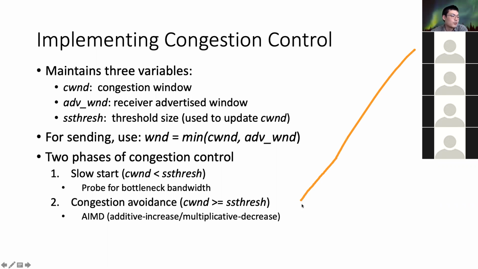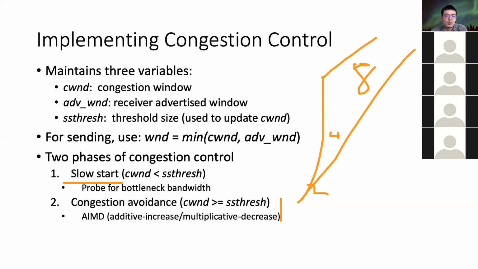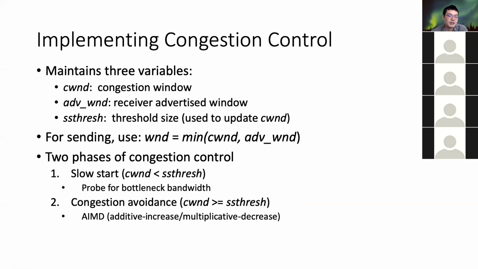What you want is an exponential increase. Although it's called slow start, it's really faster. But once you go beyond a certain point, you start to slowly probe. Initially, if you are 1, then 2, 4, 8, you can increase quickly. You don't want to increase 1, 2, 3, 4, 5, 6, because that will make the reaction really slow.